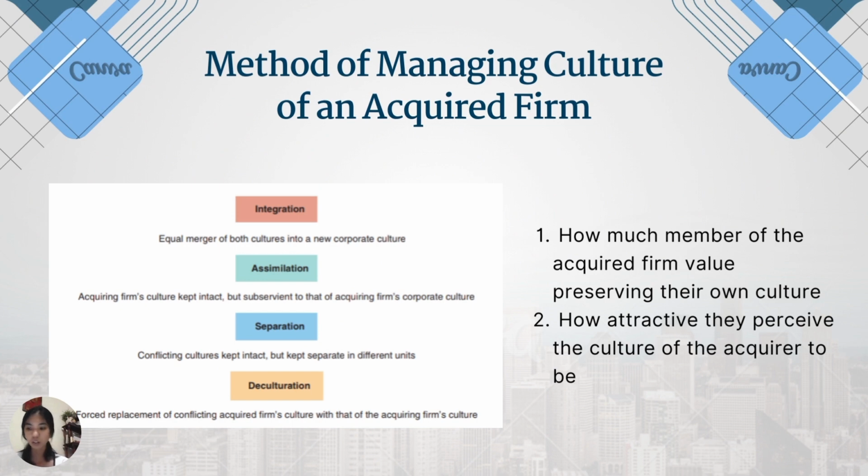Then next is deculturation. Deculturation involves the disintegration of one company's culture resulting from unwanted and extreme pressure from the other to impose its culture and practices. This is the most common and most destructive method of dealing with two different cultures. It is often accompanied by much confusion, conflict, resentment, and stress.